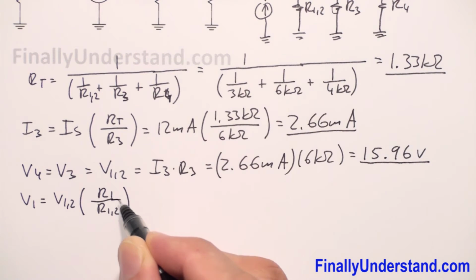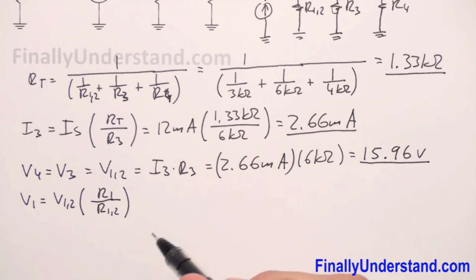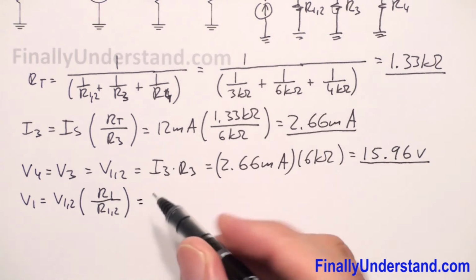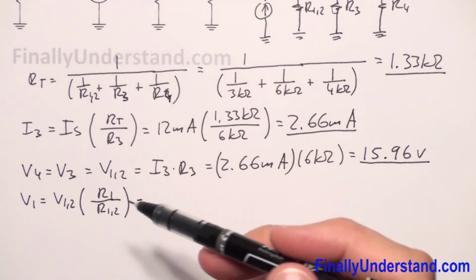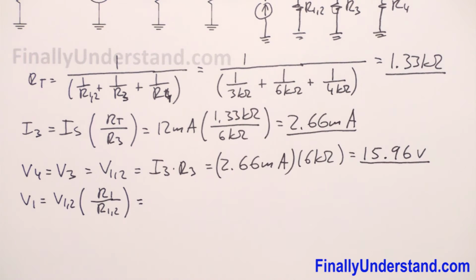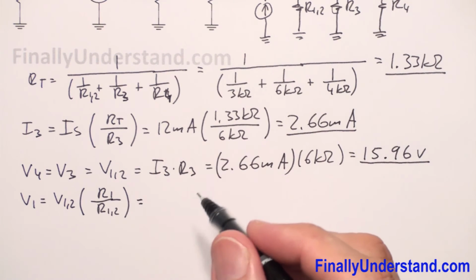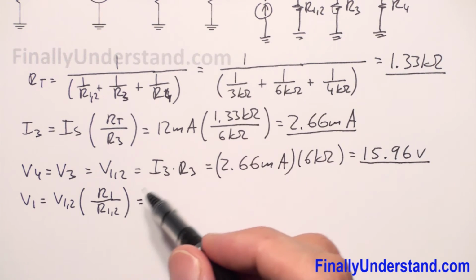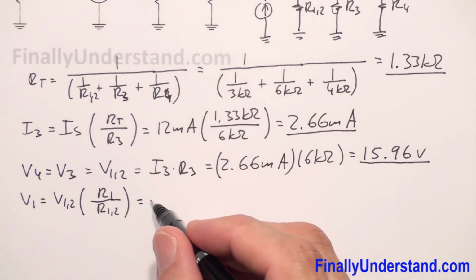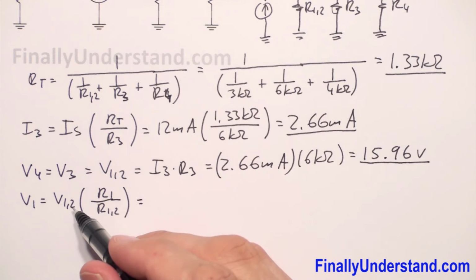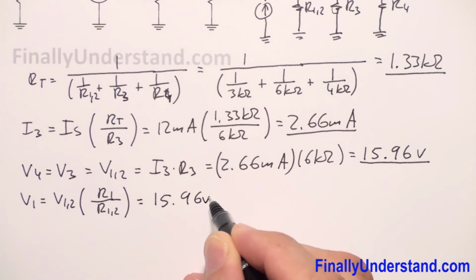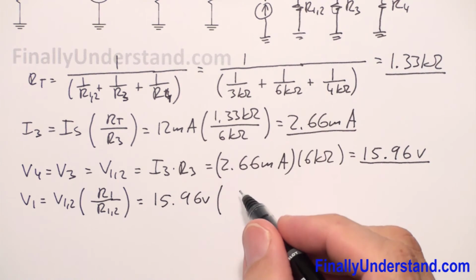Why am I using the voltage divider formula? I'm using it because students must practice it. Of course, you can use Ohm's law, but very often you're supposed to use the voltage divider formula. That's why I keep forcing you to use it, because sometimes you don't have to find the current and you can find the voltage. So V12 we found is equal to 15.96 volts. R1 is equal to 1 kilo ohm.